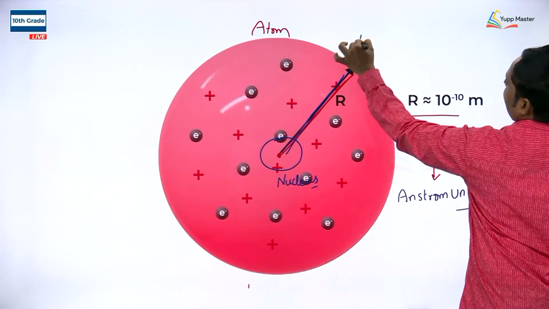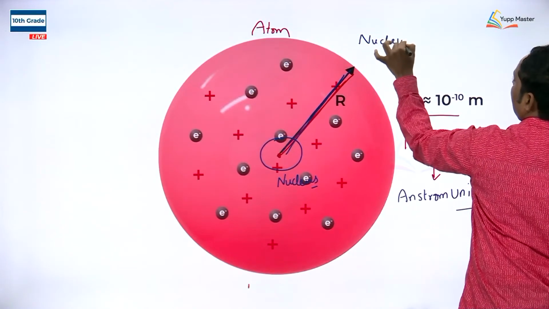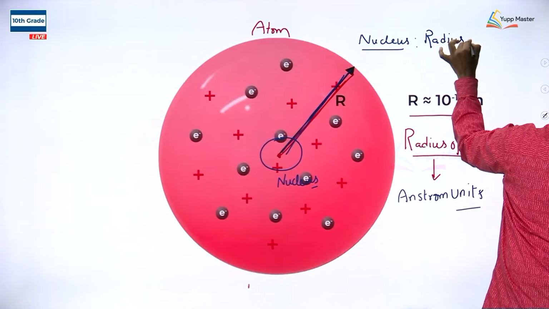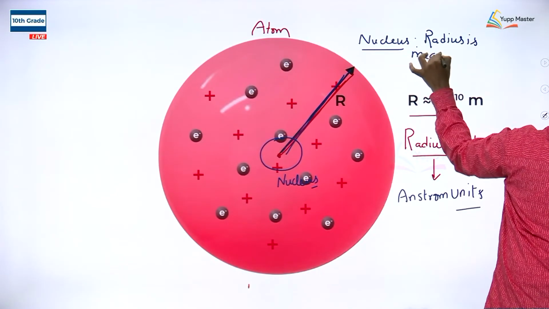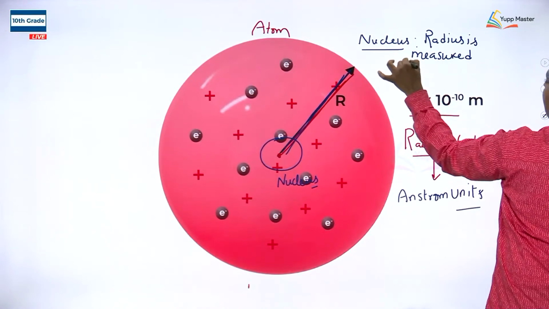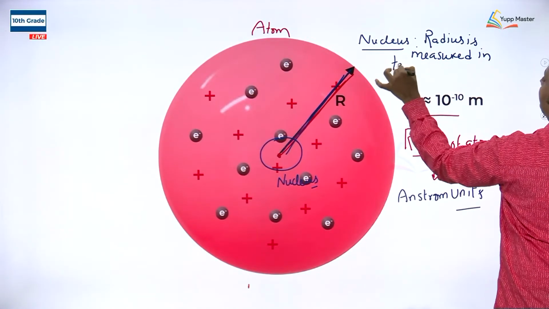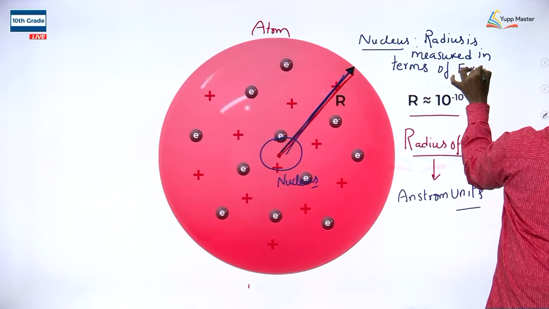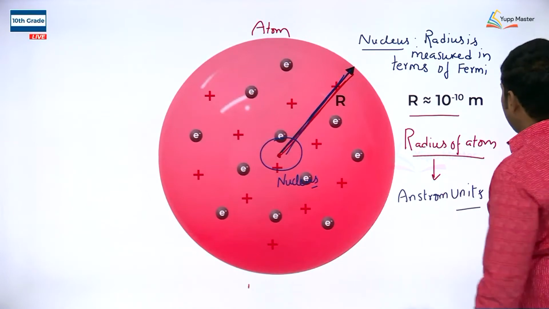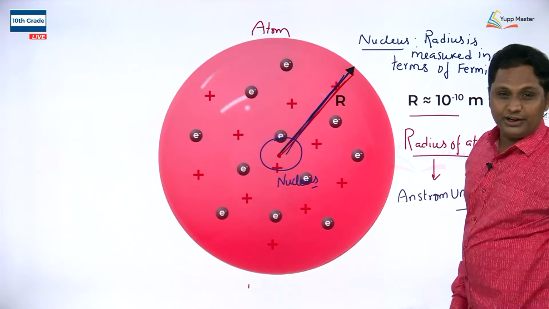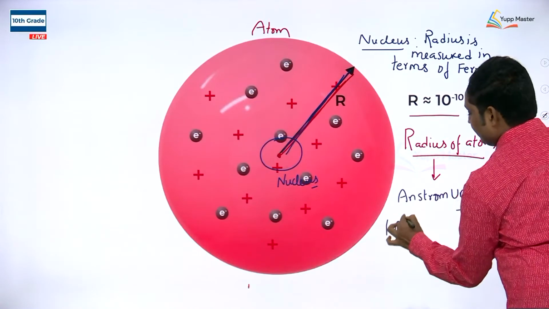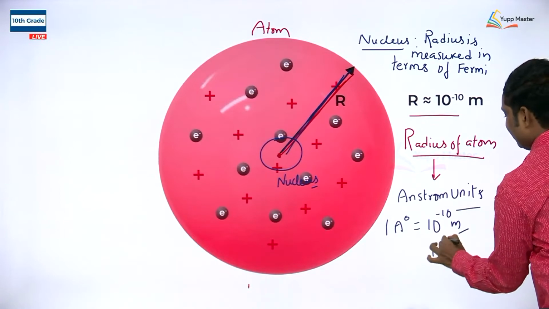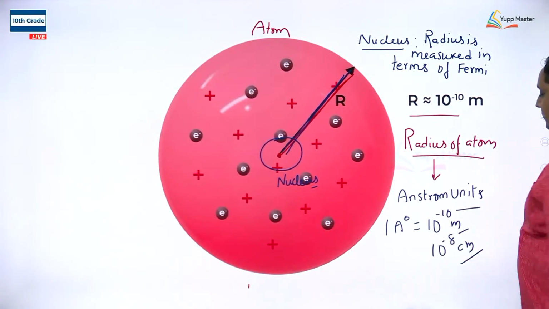If you are going to take that nucleus, so radius is measured in terms of Fermi, just so you can have the magnitude, that is 1 angstrom it is equal to 10 power minus 10 meter, 10 power minus 8 centimeter, all right.